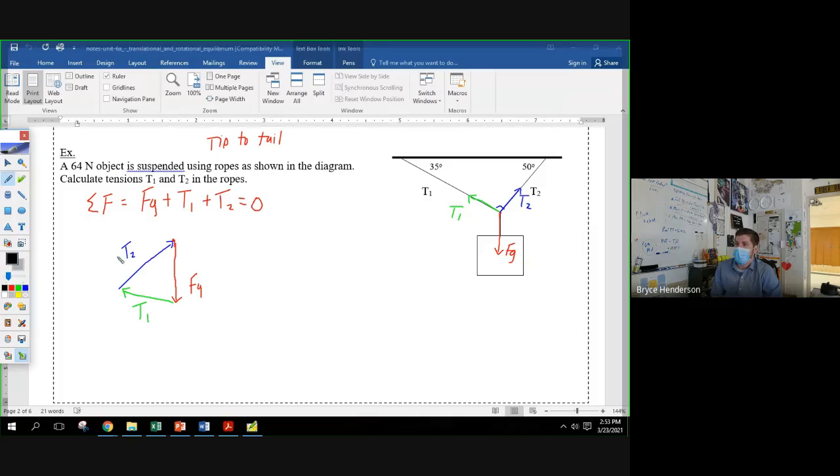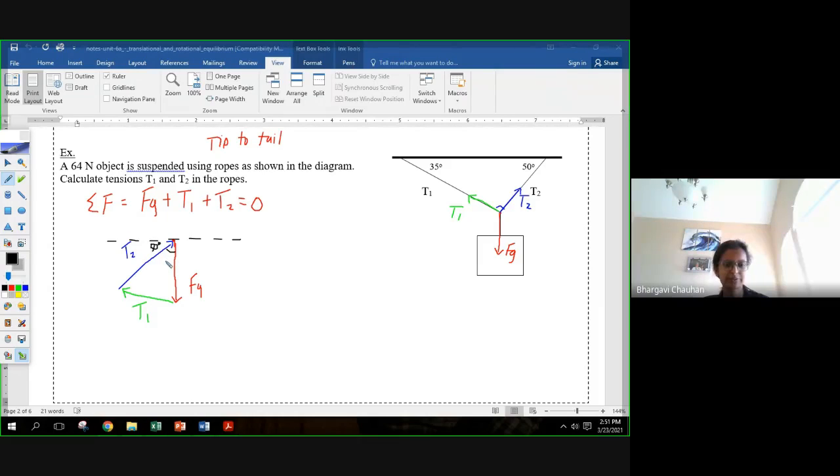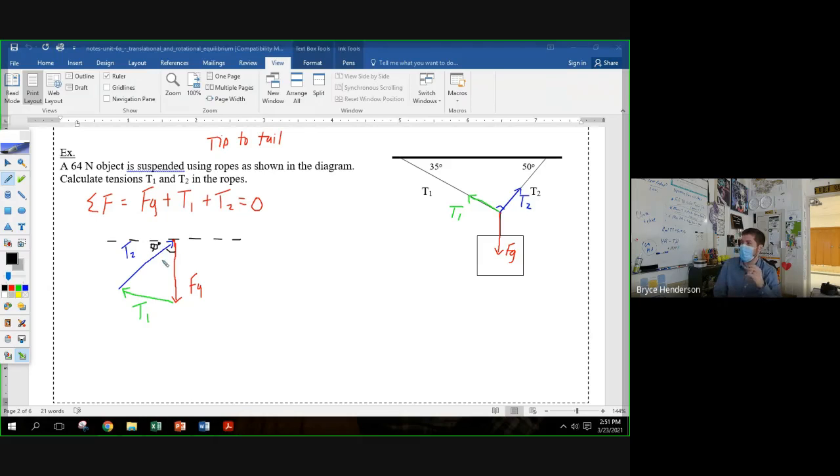Let's think about the angles. They tell me that this is 50 degrees between T2 and the ceiling. So if I imagine the ceiling here, draw yourself a little perpendicular line. That means that this is 50. What would this have to be? Because FG is what to the ceiling?